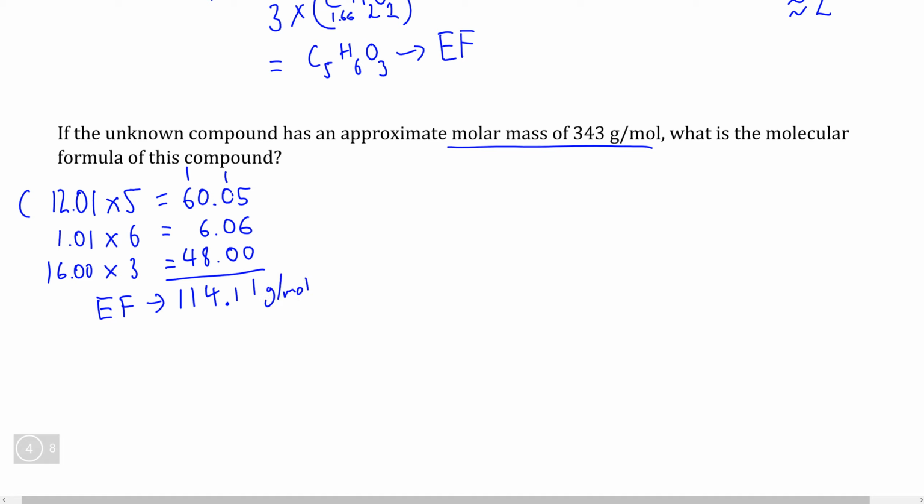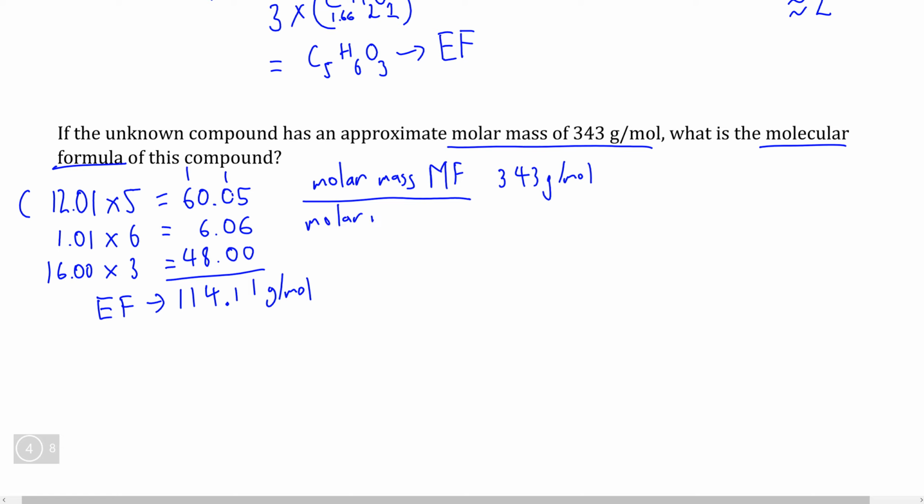And if your arithmetic is correct, we have found that our empirical formula's molar mass is 114.11 grams per mole. Now, in order to figure out what our molecular formula is, we need to compare the molar mass of the molecular formula. So I'll just write that out. Our molar mass of our molecular formula, which is 343 grams per mole, and we're going to compare that to our empirical formula, so divide by the molar mass of the empirical formula.